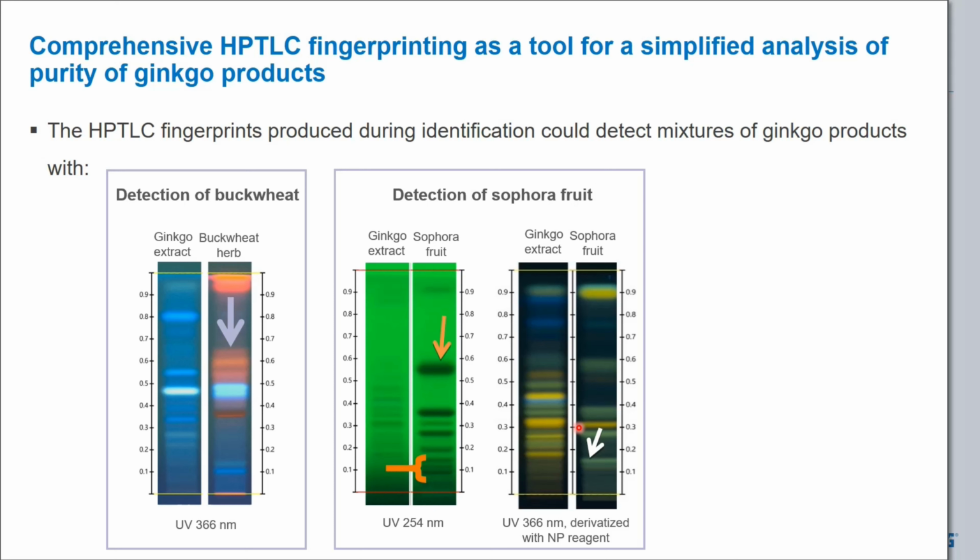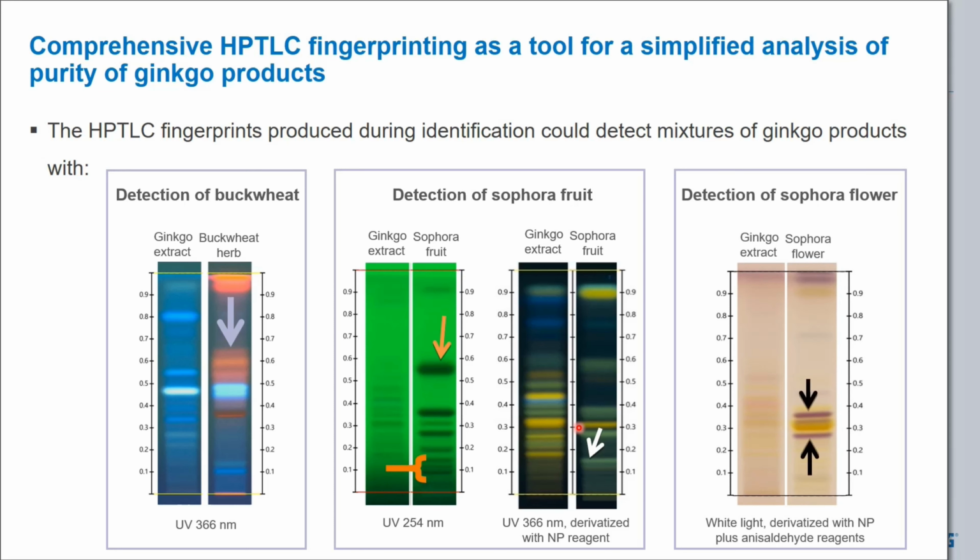After a subsequent derivatization with anisaldehyde, an adulteration with Sophora flower is visible in white light. So Ginkgo doesn't show those characteristic zones which are obtained within the Sophora flower fingerprint.